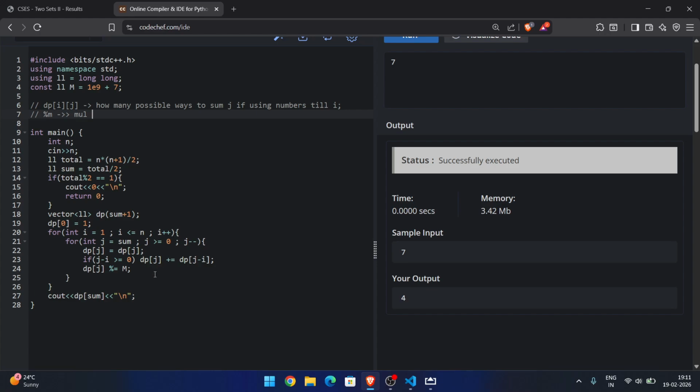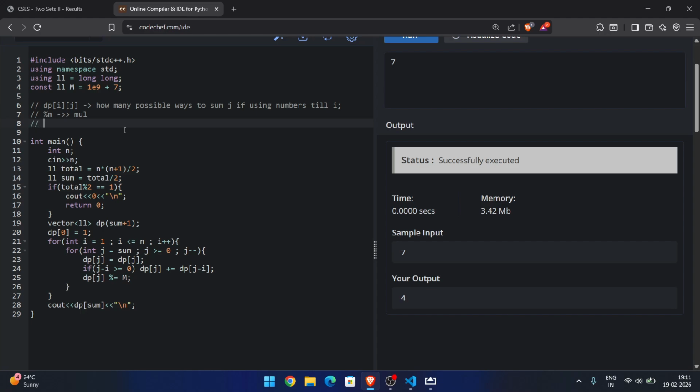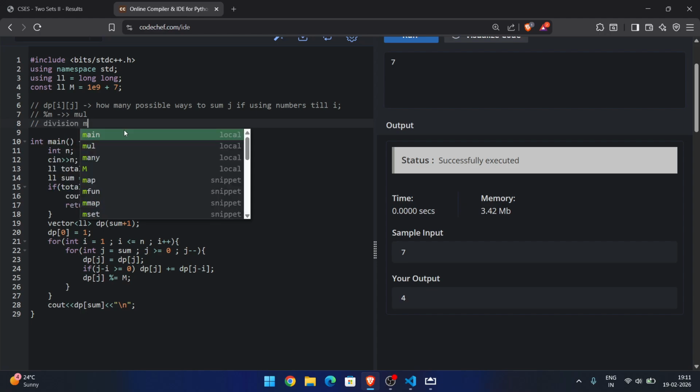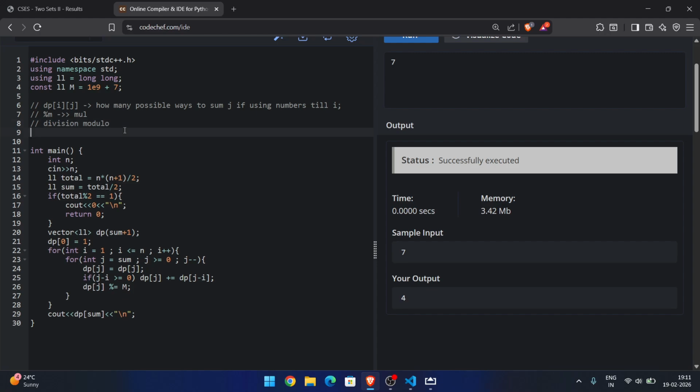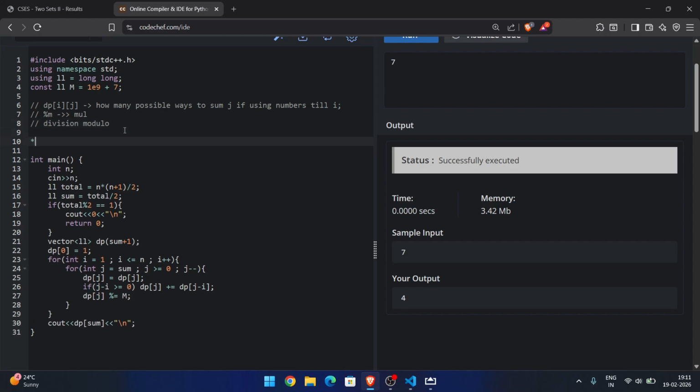So how would we fix that? We would fix that by changing our division in modulo. What we must do is multiply by its modulo inverse. For this, I think you should know the concept. Whenever we are dividing in modulo, we don't directly divide.